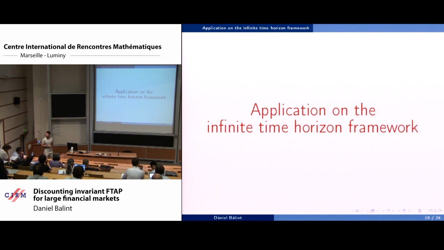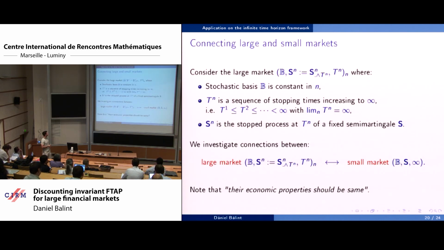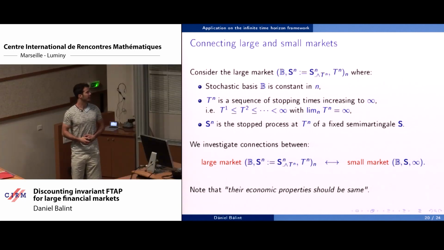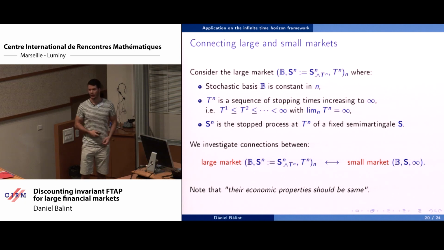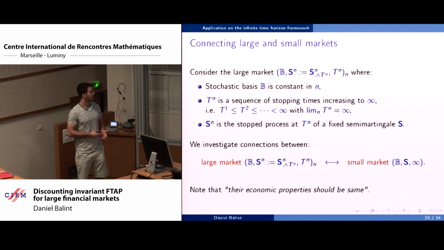Okay, and then very briefly we might take a look at some simple application. This application considers again this degenerate case, where the large market consists of a stochastic basis which is constant in n, so all bases are the same, and the time horizon is a sequence of stopping times increasing to infinity, and the modeling asset price process S^n in the nth small market is simply a fixed semimartingale stopped at this nth time horizon.